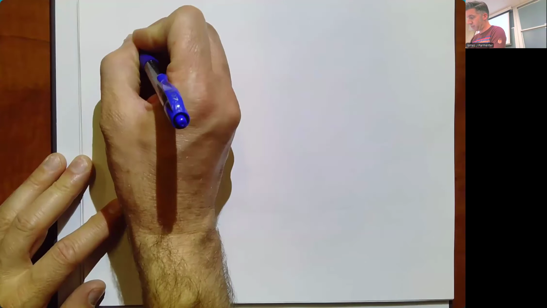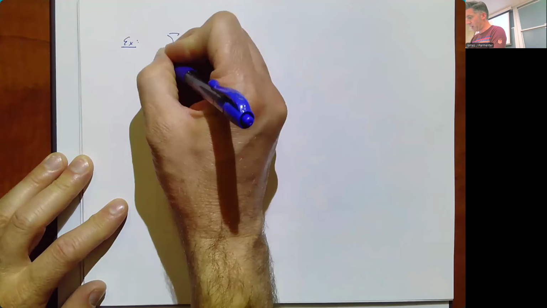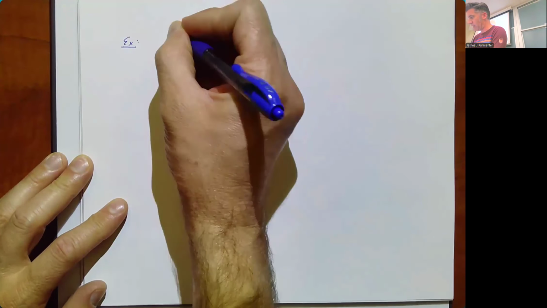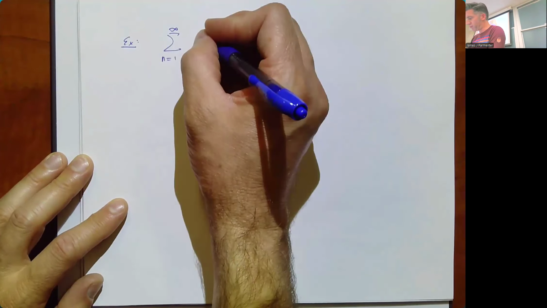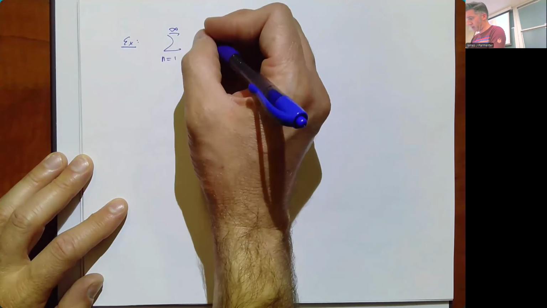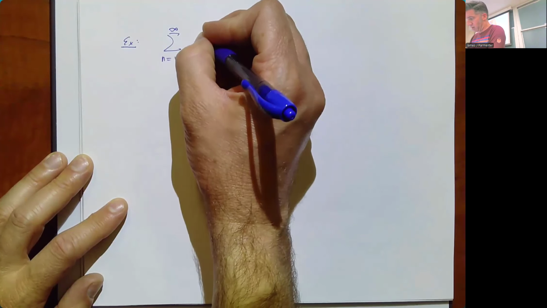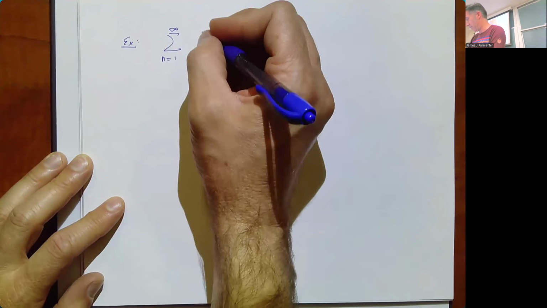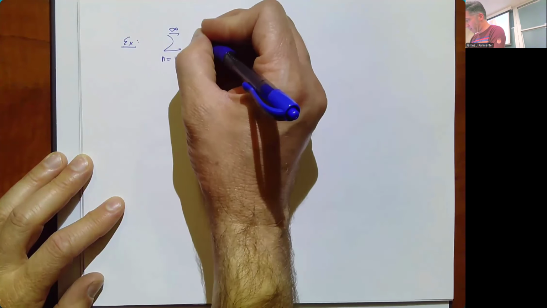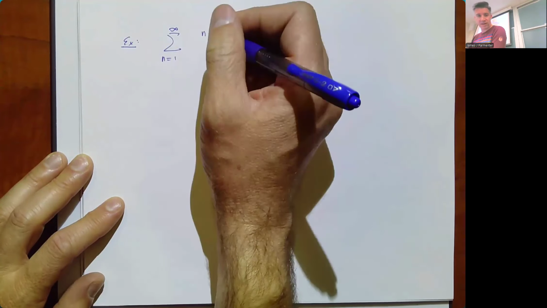So for example, the sum from n equals 1 to infinity of, say... I was thinking of something here, and now it totally lost me. What am I thinking here?